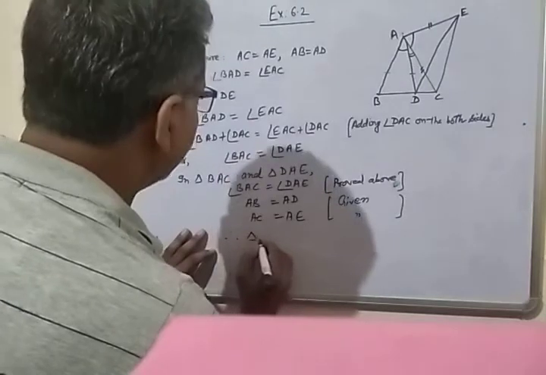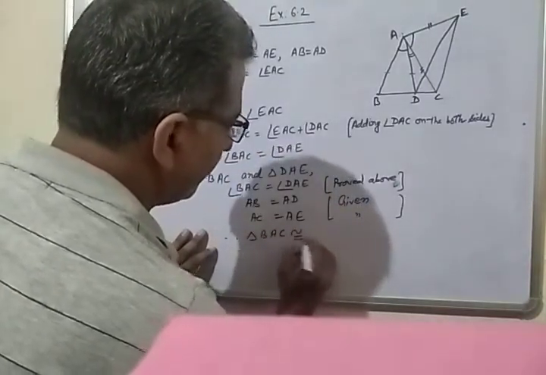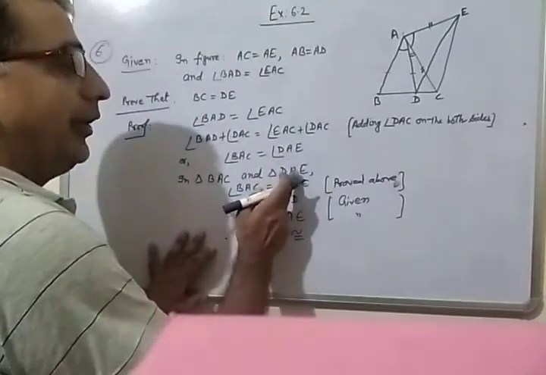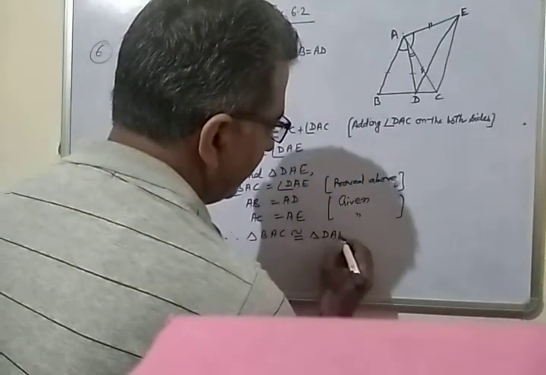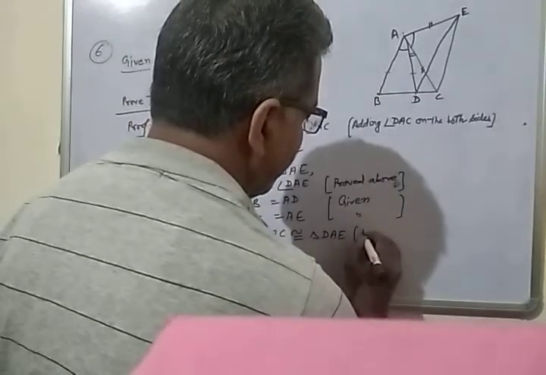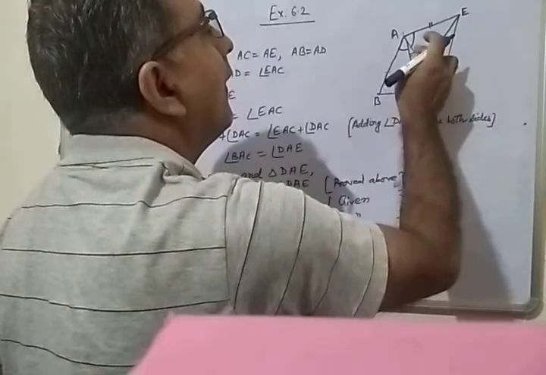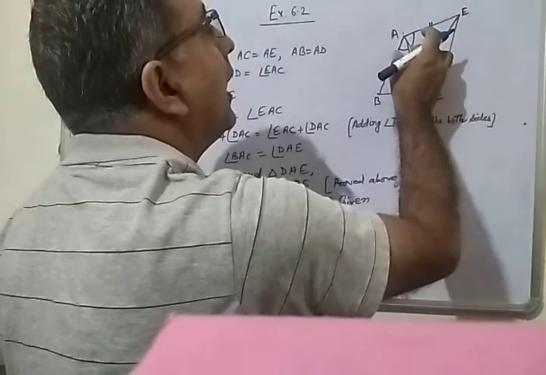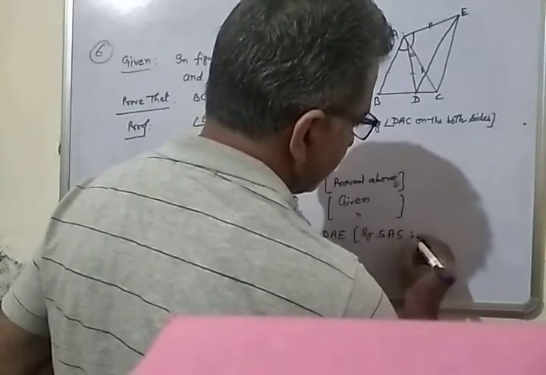Therefore, triangle BAC is congruent to triangle DAE by SAS rule.